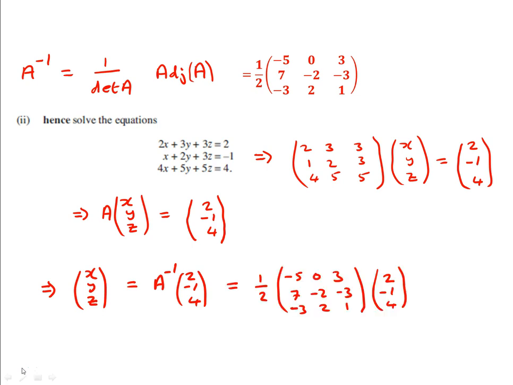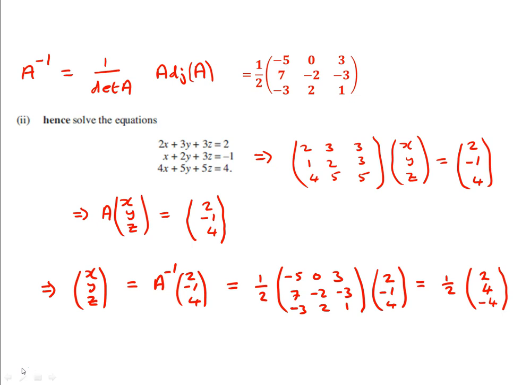So (x, y, z) must be the inverse matrix times (2, -1, 4). If we work out the matrix part first, I've got minus 5 times 2 plus 0 times minus 1 plus 3 times 4, so that's minus 10 plus nothing plus 12, which gives me 2 as the top entry.